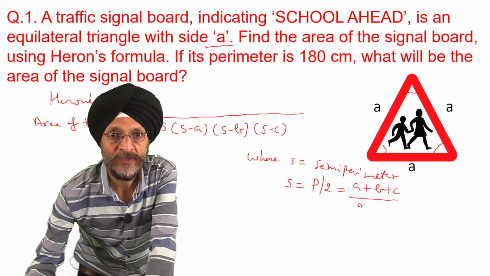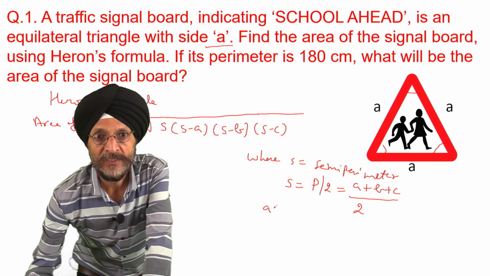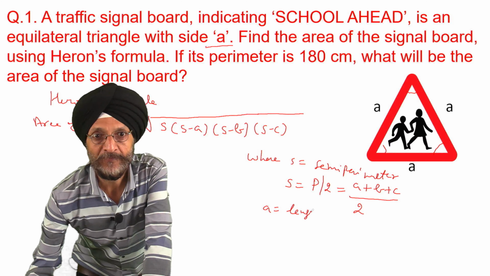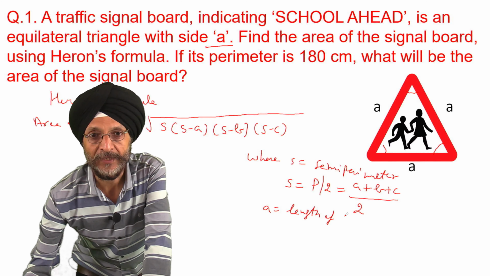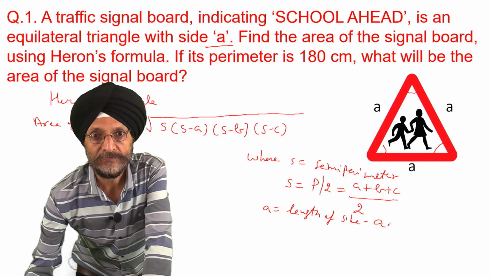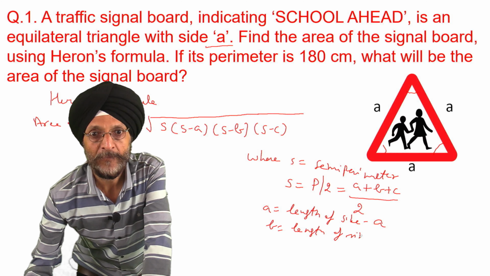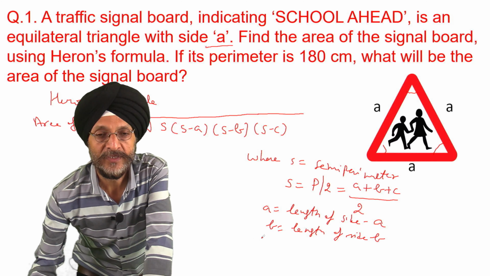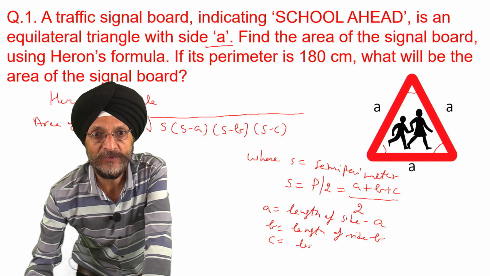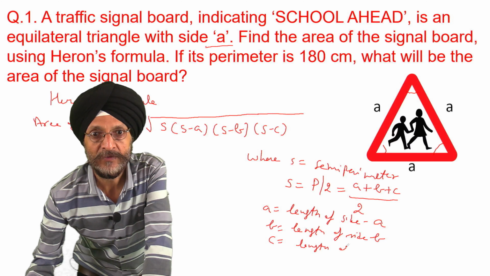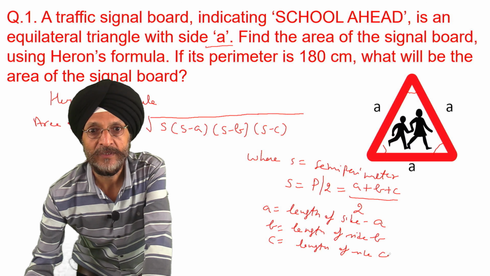divided by 2, where a is the length of side a, b is the length of side b, c is the length of side c.